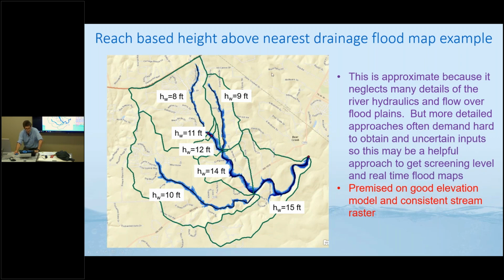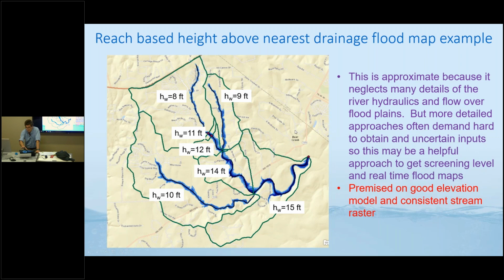It is approximate, but then all models are approximate, and getting something out quickly is often good. It's premised on a good elevation model and a consistent stream raster. If your elevation model is not very high resolution and your stream raster is not very good, well, then it's going to be garbage in, garbage out.